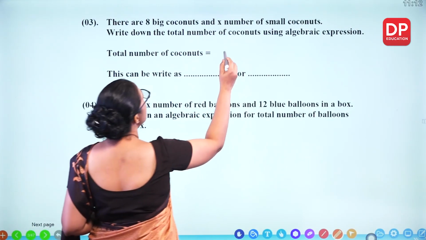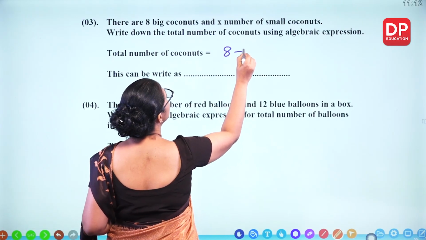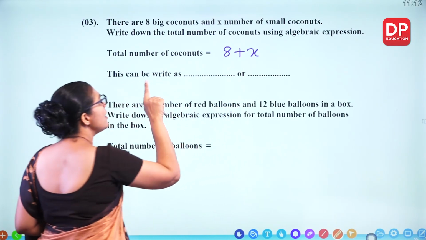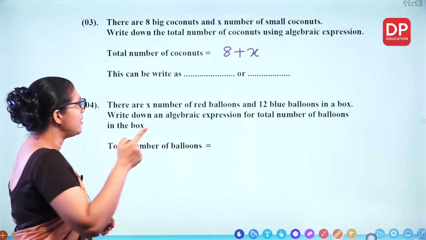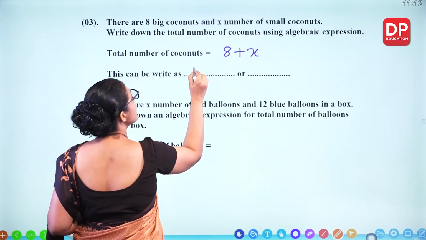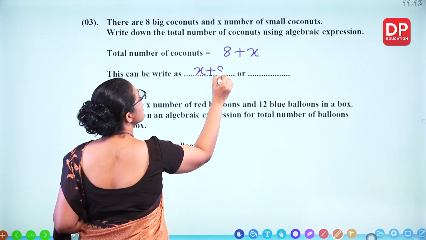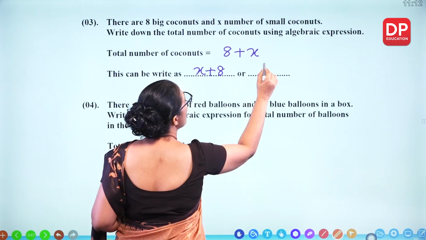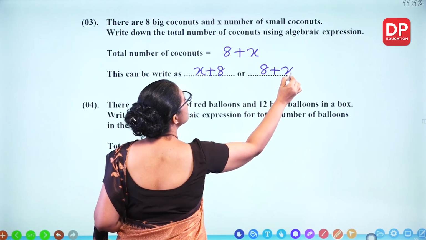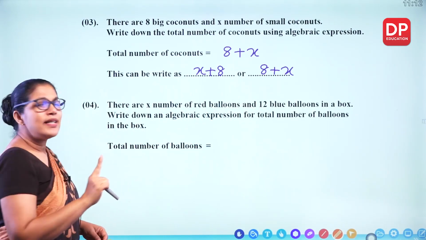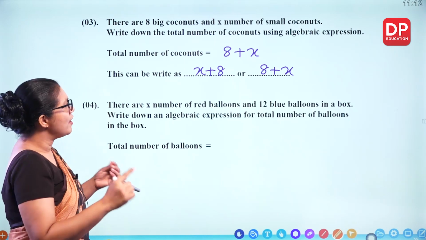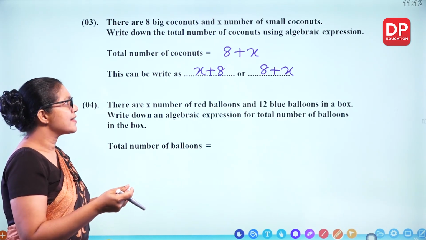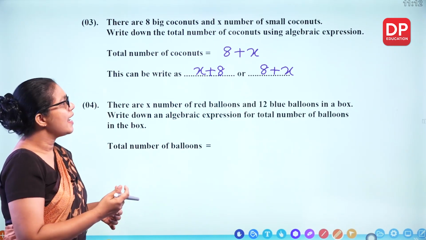You can write 8 plus X. Here you can write this as X plus 8 as well. X plus 8 or 8 plus X. So order is not important when you add numbers. X plus 8 is the same as 8 plus X.